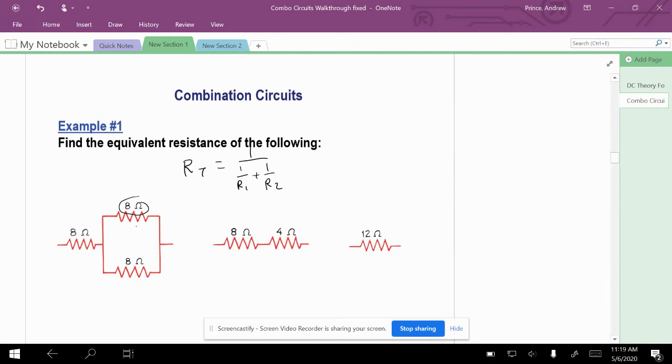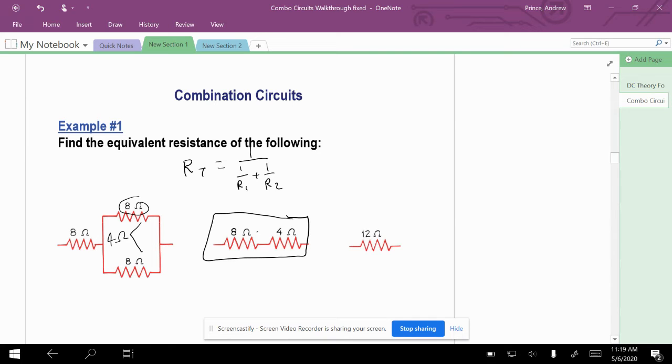So by breaking these two 8s into the formula and getting that 4 ohms, we've now made an imaginary resistor that represents this old part of the circuit. So this new imaginary resistor is in series with our old resistor that we just carried over here. And this is now just a simple series circuit.